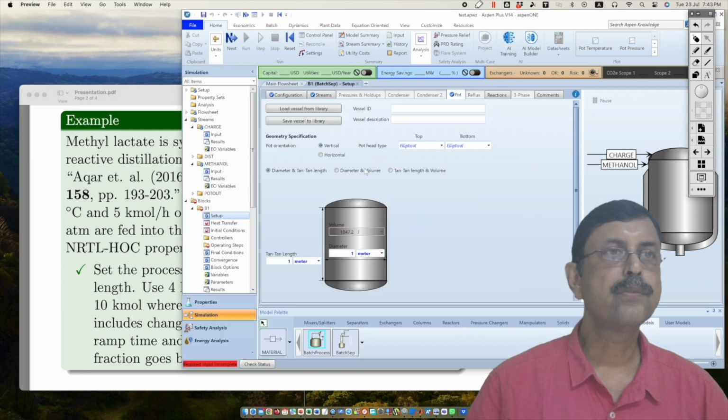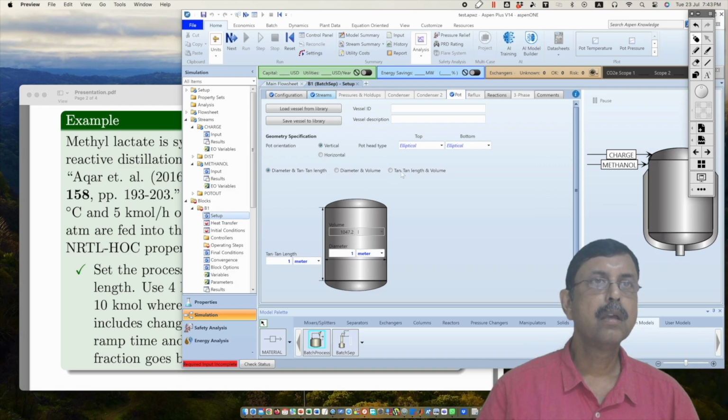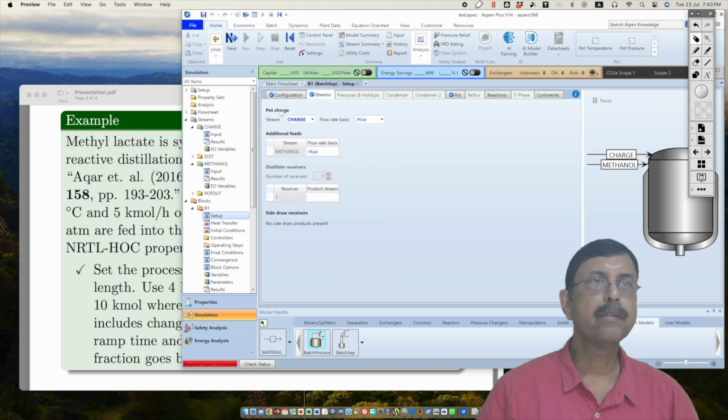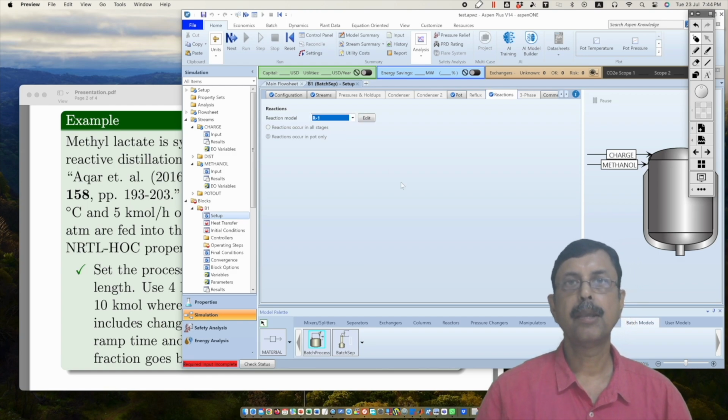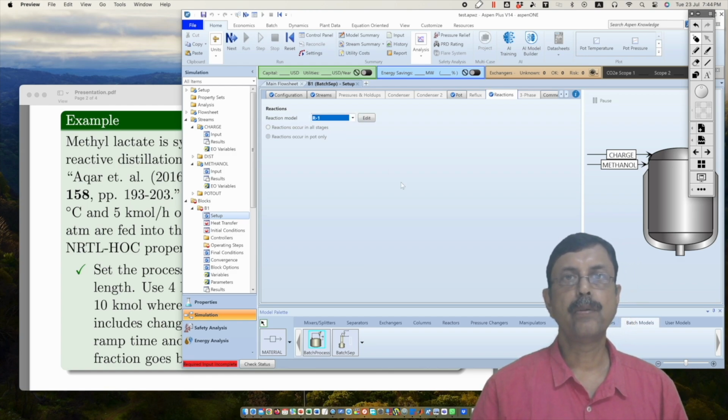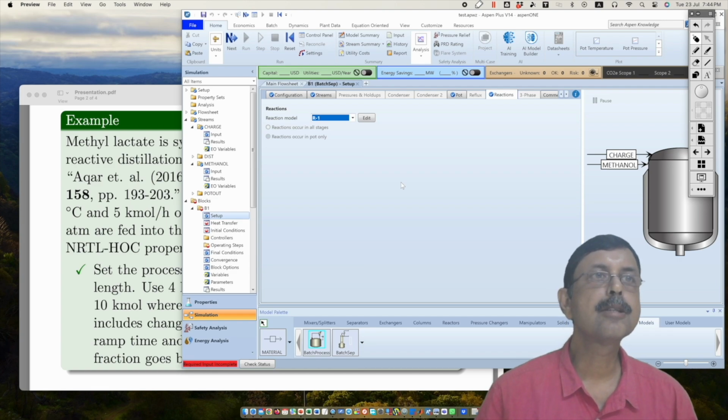For that, before that we have to fix the reaction. Streams are not to be fixed over here because it is pot charge. Go to reaction and set the reaction 1 because we have painstakingly made that LHHW reaction, so we will use it.